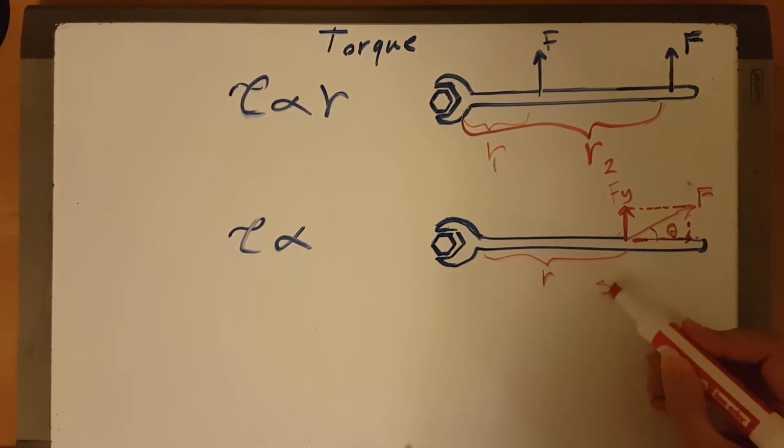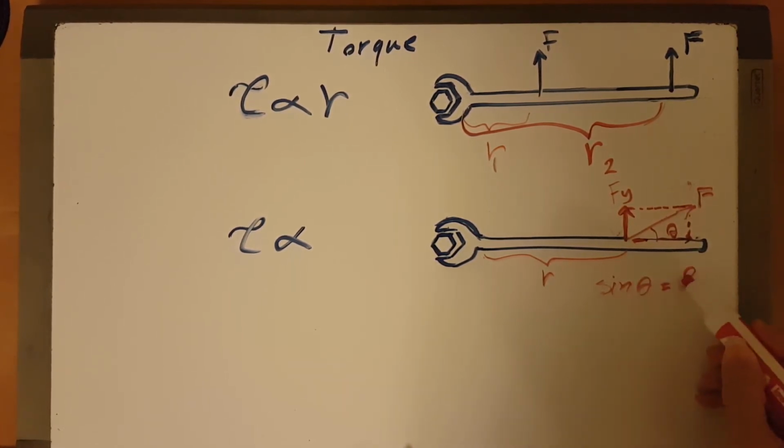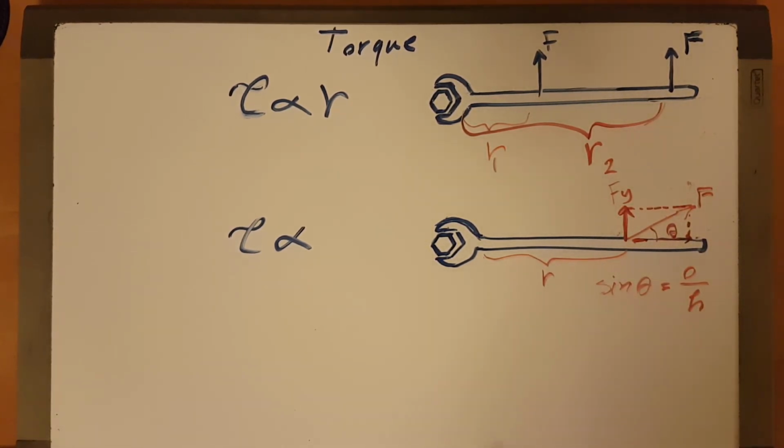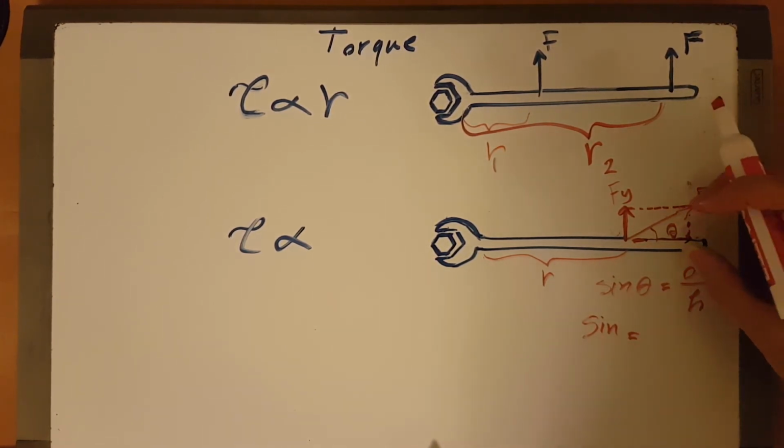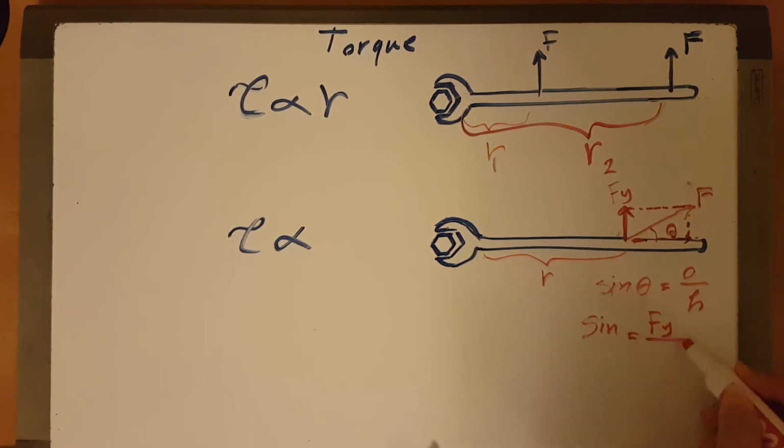The opposite reminds me of sine. Sine of theta equals opposite over hypotenuse, and sine of theta equals opposite, in here Fy, over hypotenuse, which is the F itself. So Fy equals F sine theta.